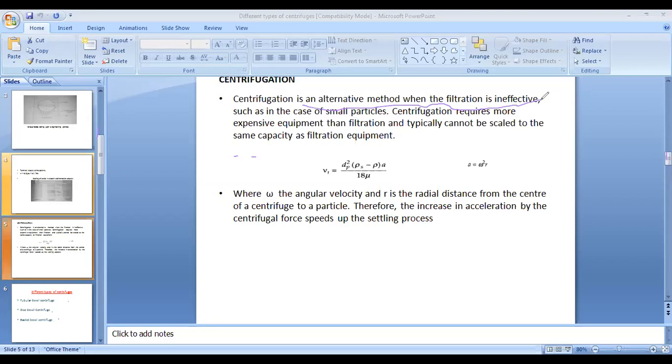Why? Because of a problem with the size of the pores in the filter cloth and the particle. Small particles present in the slurry can be effectively removed by centrifugation. That is the main reason behind centrifugation in the downstream process.